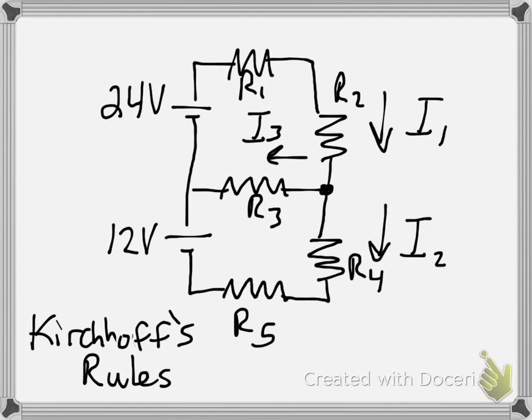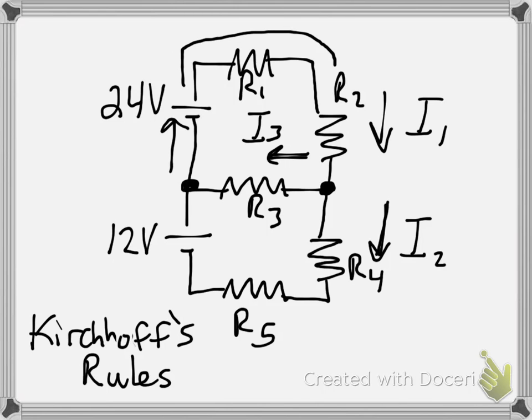And so we need 3 equations since we have 3 currents, but you already have one of them. That is because you see the current coming out this way and through this way, that must be I1. It branches out right here and then goes that way and then that way. And then they must add back up here and go back into this battery. And so you already have your first relationship, that I1 equals I2 plus I3.